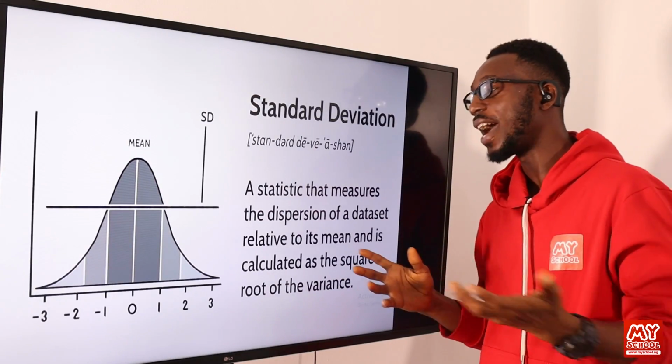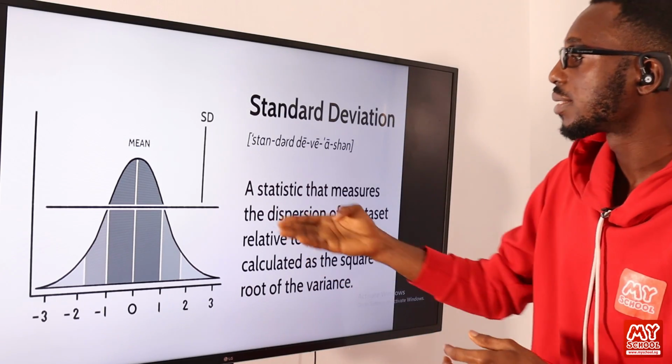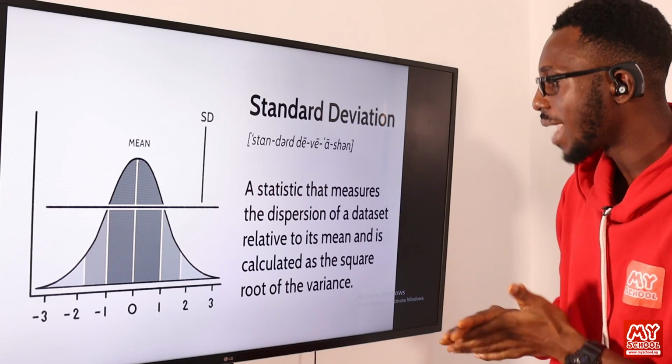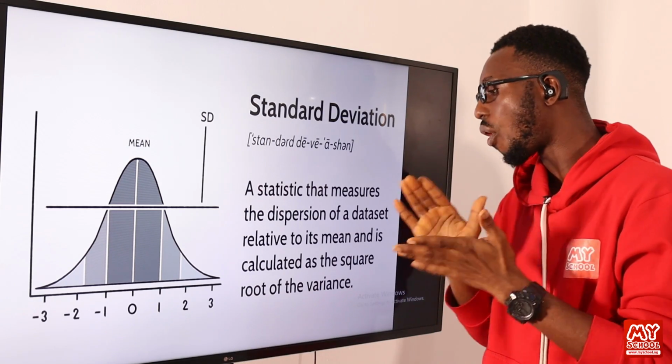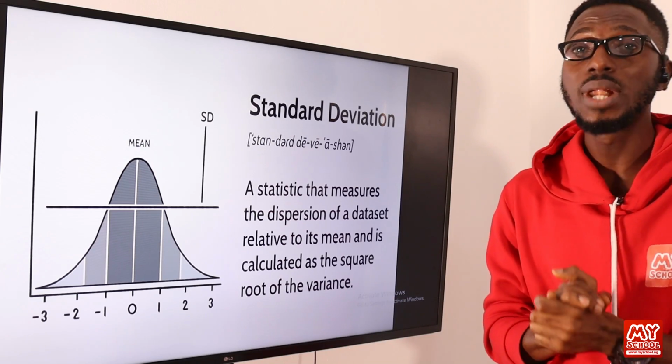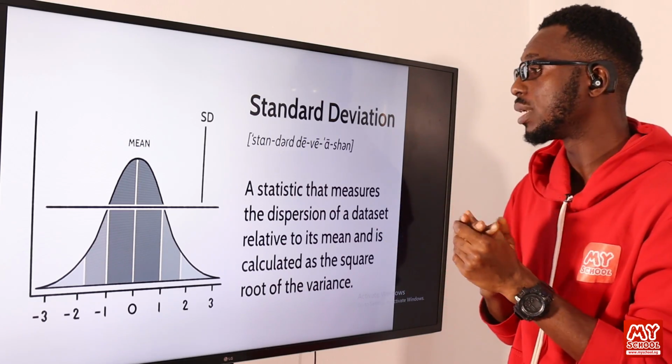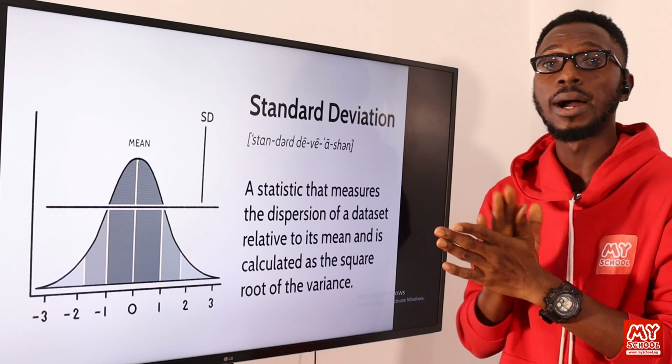Okay, so how do we define standard deviation? It is a statistic that measures the dispersion of a data set relative to its mean and is calculated as the square root of the variance. Like I mentioned earlier, consider some of the tools in measures of dispersion, like our range.